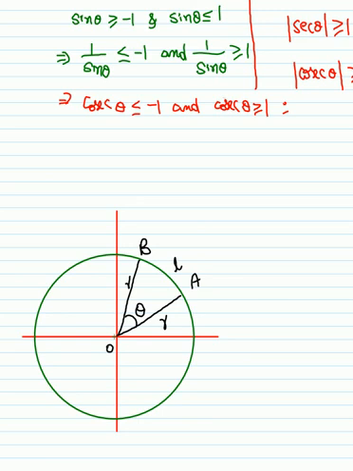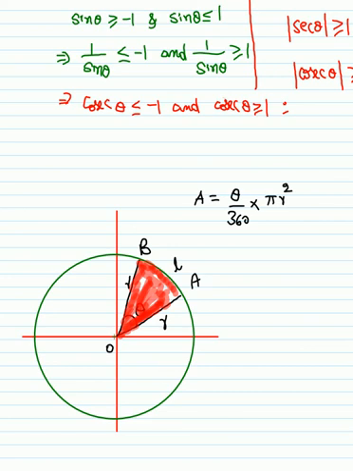Look at this picture, OAB represents a sector, and the angle made at the center is theta. The area of the sector is equal to theta by 360 into pi r square.